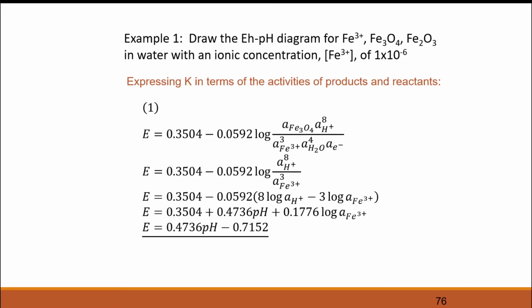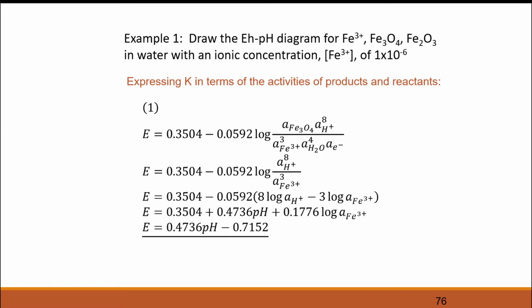Then if we substitute this Fe3 plus concentration, what remains is EH is equal to 0.4736 pH minus 0.7152. This 0.7152 comes from 0.3504 plus 0.1776 multiplied by the logarithm of 1 times 10 to the negative 6.